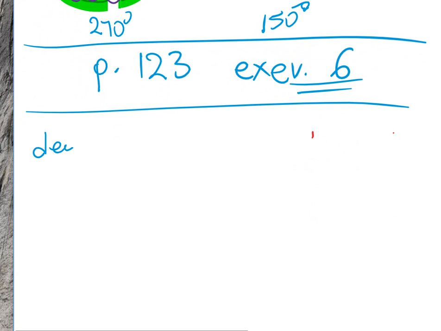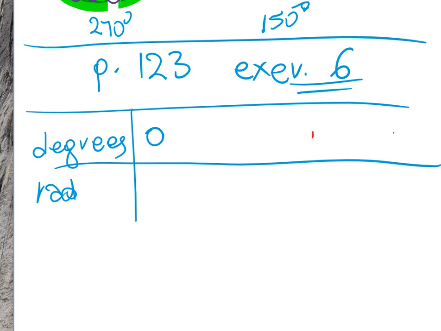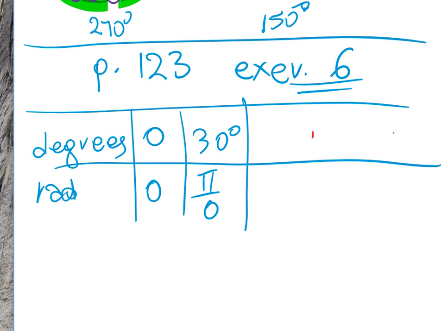So we have the degrees here and the radian here, and we need to remember that 0 degrees are 0 radians. And then when I have 30 degrees, this is pi over 6. When I have 45 degrees, this is a quarter pi, as I saw you before.